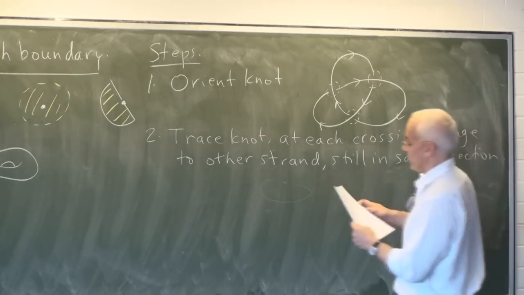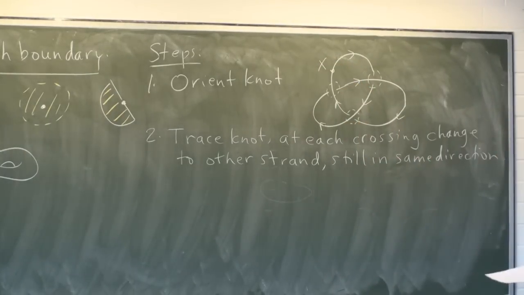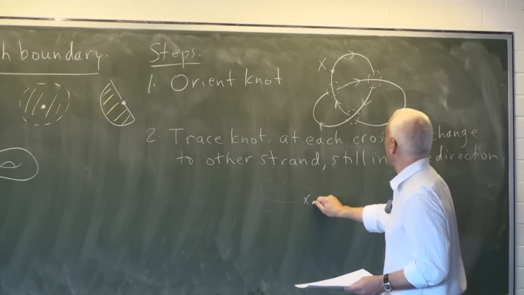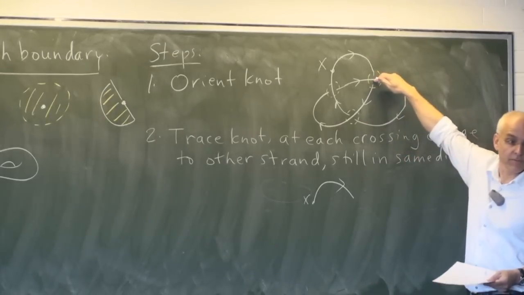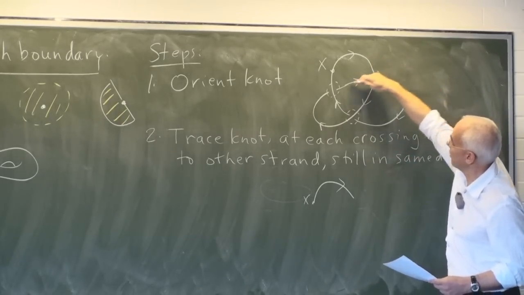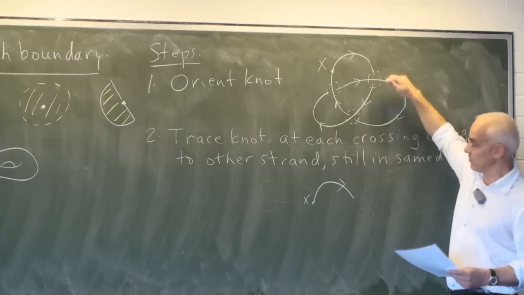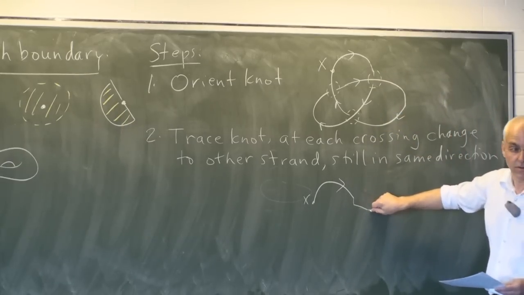So let's say we start here, for example. I'm going to start at X, and I'm going to trace the knot until I get to this crossing here. There are two strands crossing here: the strand that we're on, and the other strand. And we're just going to go from here to the other strand, so we rather abruptly change direction.